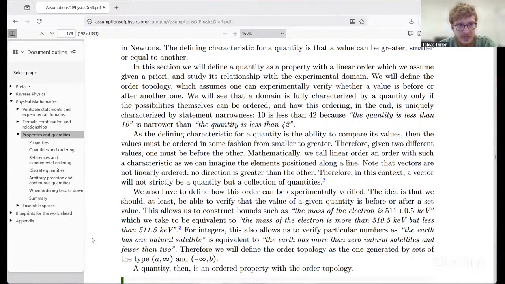And just to be clear, what does linear order mean? Would the norm define a linear order on a vector space that is not one-dimensional? Yes. But in that case, it's not an order in the sense that the order is on the equivalence classes. To have an order, you can't have two elements at the same position.